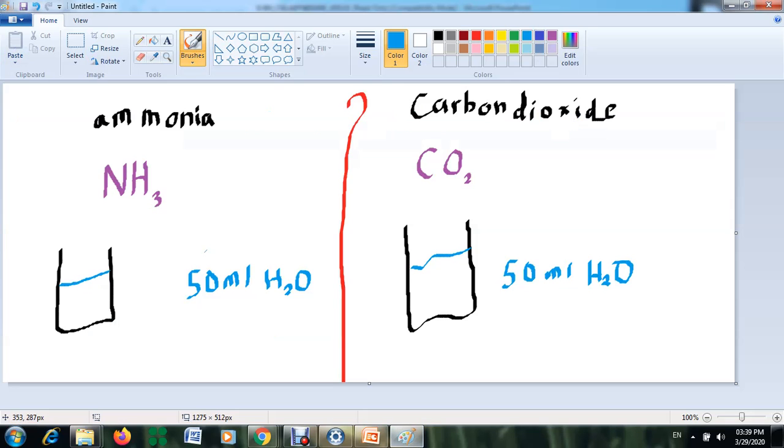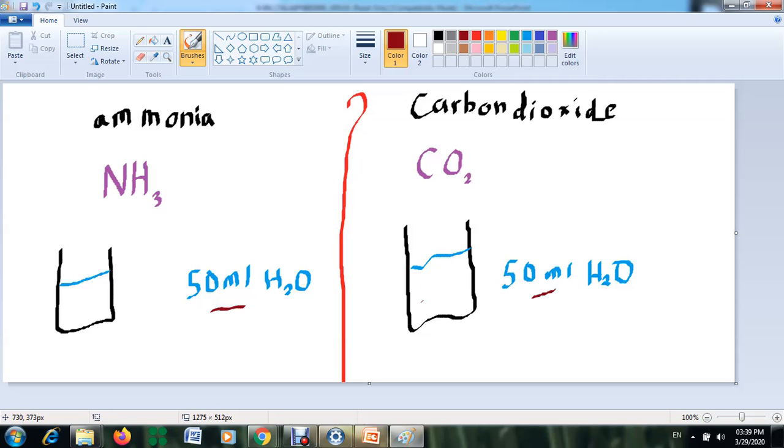If you have ammonia gas NH3 and you have carbon dioxide, these two compounds are gases, and I want to dissolve these gases in the same amount of water. Make sure here I put the same amount of water, okay? Also the same temperature for both beakers.